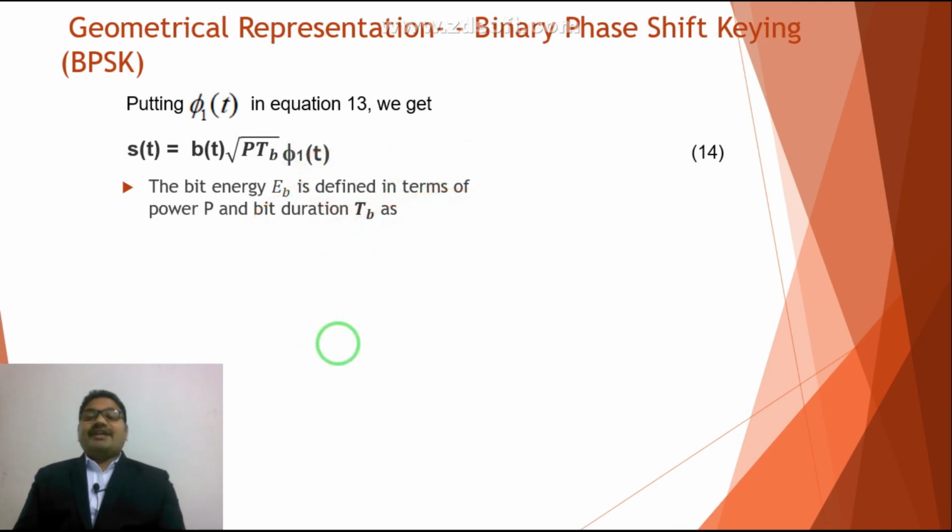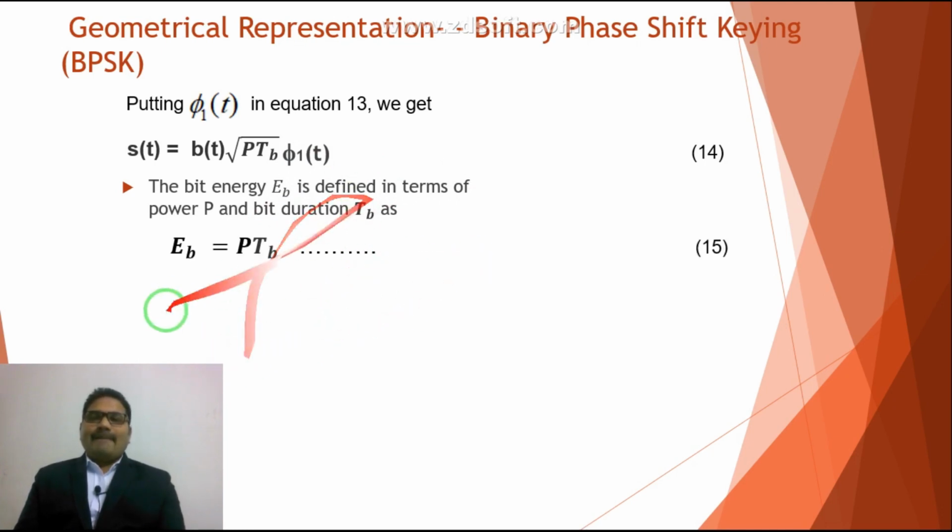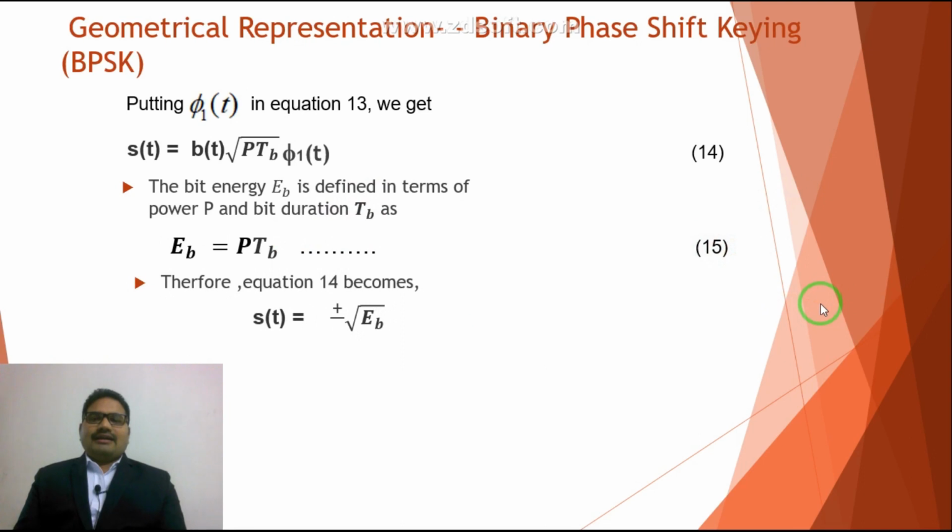The bit energy Eb is defined in terms of the power and the bit duration Tb as Eb is equal to P Tb. So make it as equation number 15. We can then write S of t is equal to plus minus what? Square root of Eb phi 1 of t. What is Eb? Eb is nothing but your power into this Tb, that is the power content of the signal in the bit duration. Make it as equation number 16.